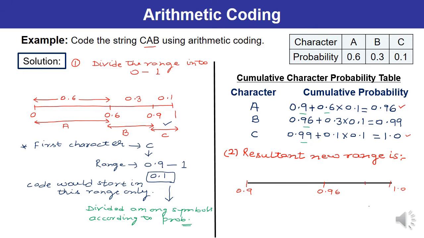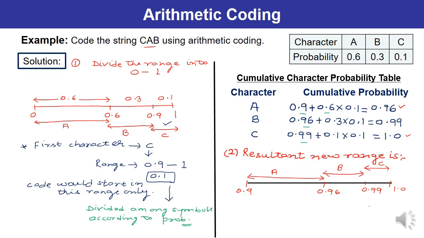Then B starts from 0.96 to 0.99, and C starts from 0.99 to 1. Means this is A, this is B, and now this is C.